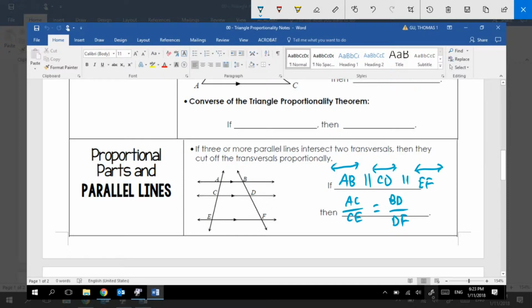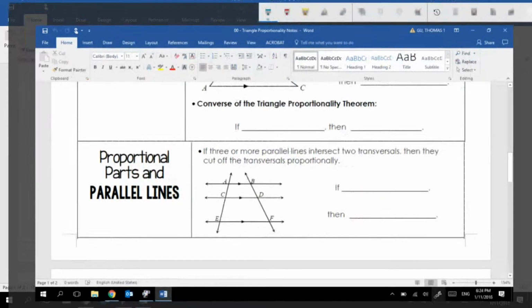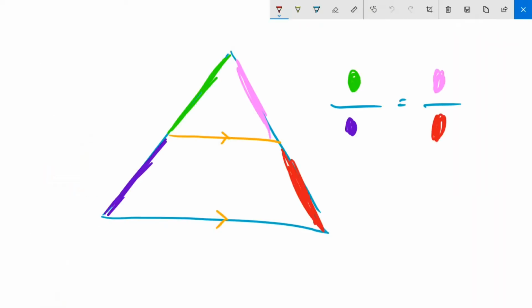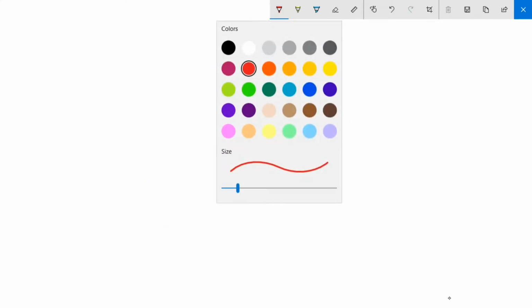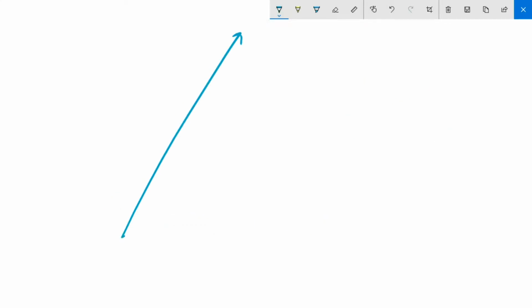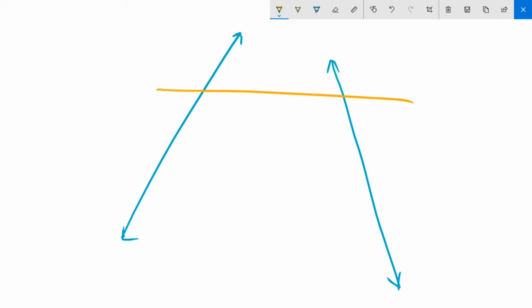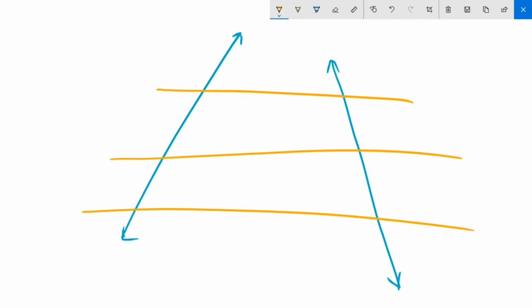And maybe you're like, what does that even mean? Well, let me draw you another picture here. Let's say for instance you have two lines over here, and then you have three parallel lines going through this: 1, 2, 3. Let's pretend those are all parallel.